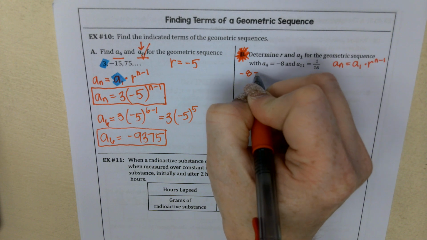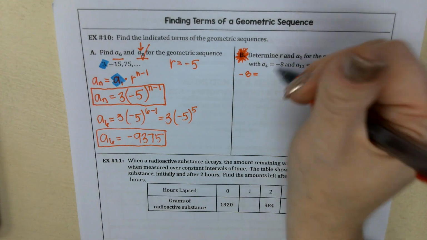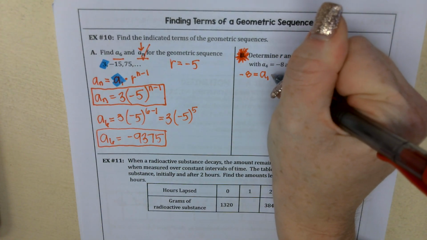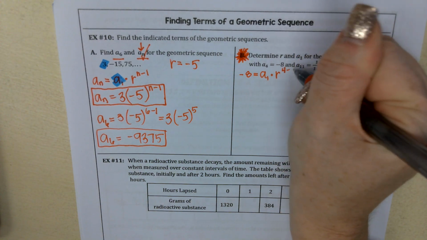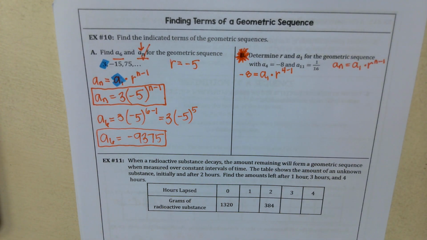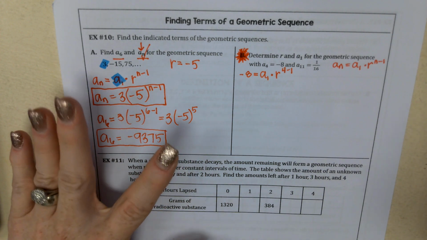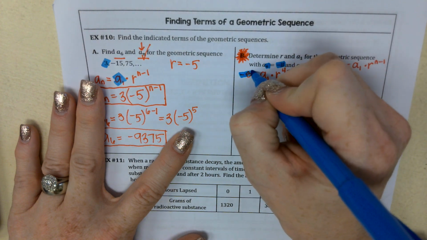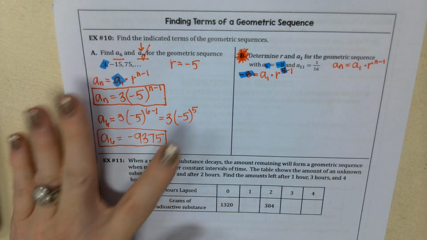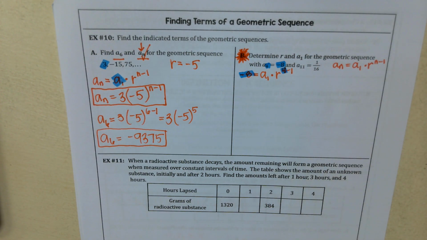So negative 8 equals A1 times my ratio to the 4 minus 1 power. When I plug in 4, I get out negative 8. That's all I know.